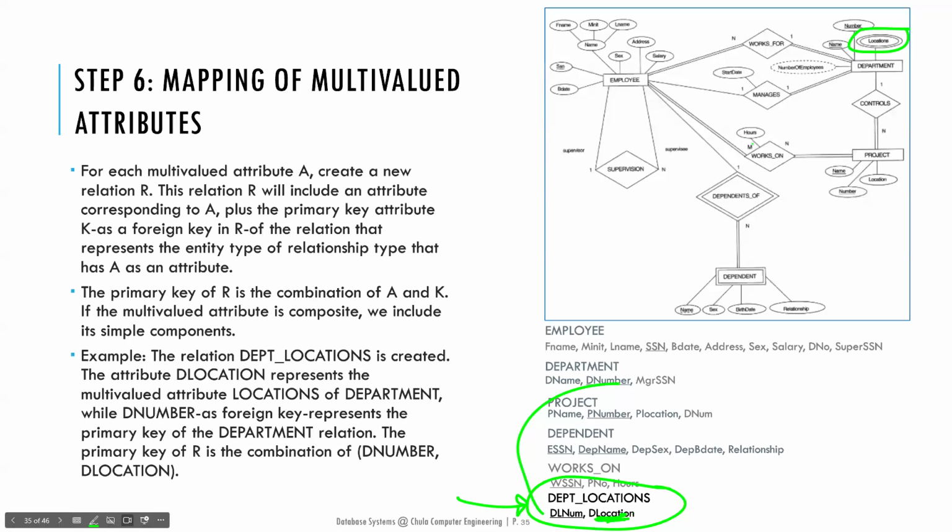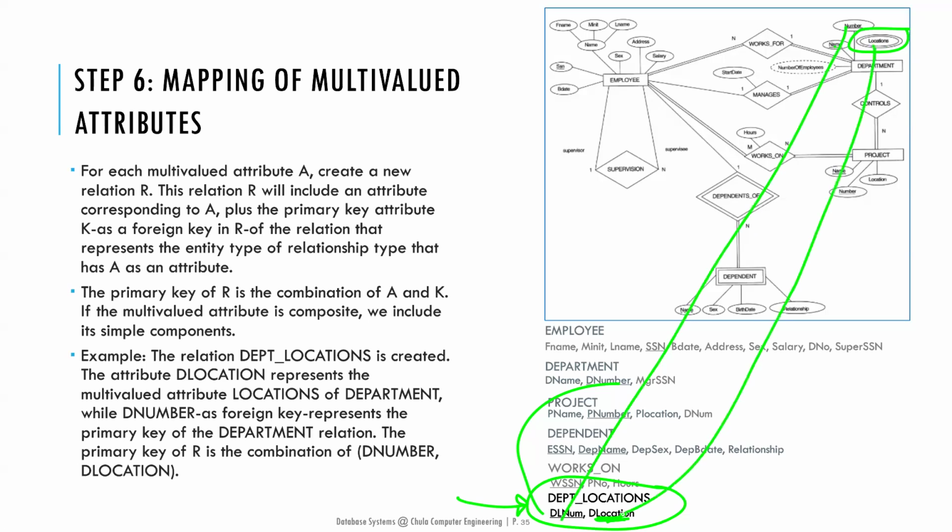So that's why it has this number here, and location is here. But it's not done there. It is done when you assign both of them as keys. So both attributes will form a composite key.